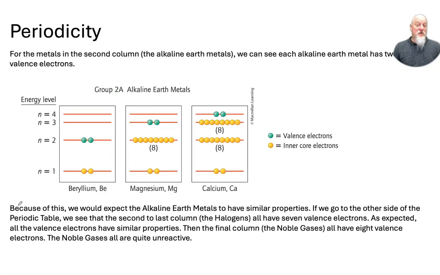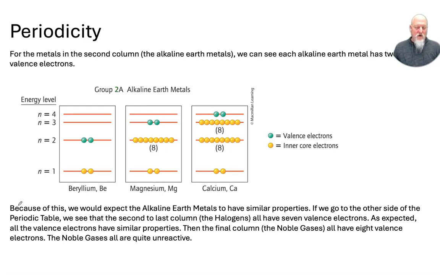All right, if we go a step further and we go to the second group, the second column, the alkaline earth metals, that's what they're called, and we look at the first 3 of those. Beryllium has 4 electrons, magnesium has 12 electrons, sorry, can't add, and calcium has 20 electrons, and we put those in the energy levels.